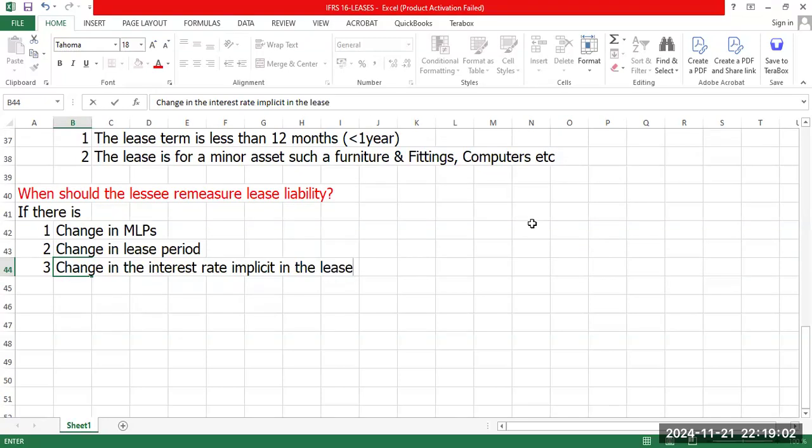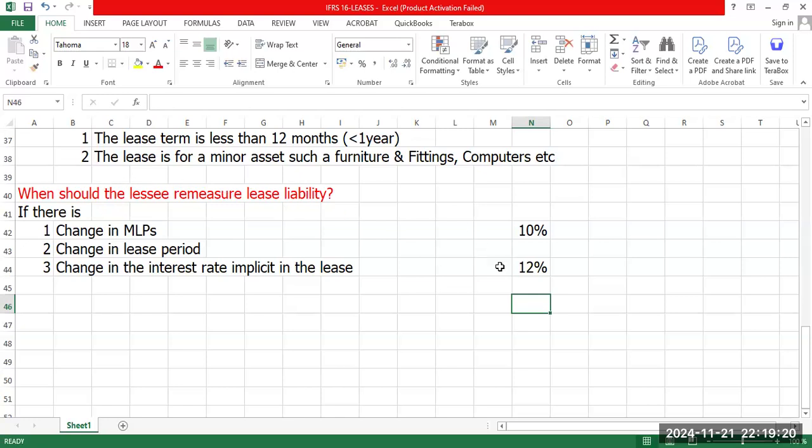Initially, assume the interest rate was 10%, and now the interest rate is 12% or 8%. Then you will need to remeasure the lease liability.